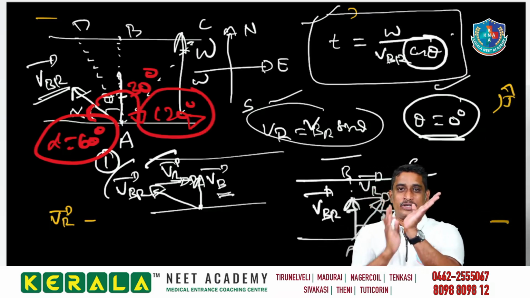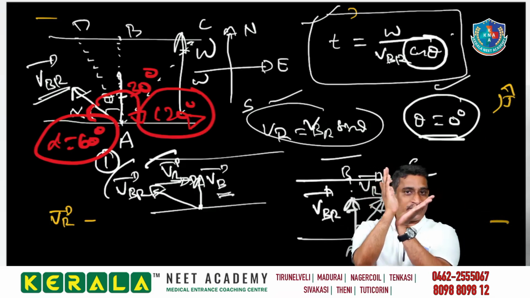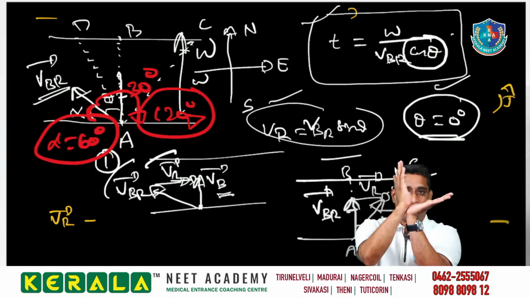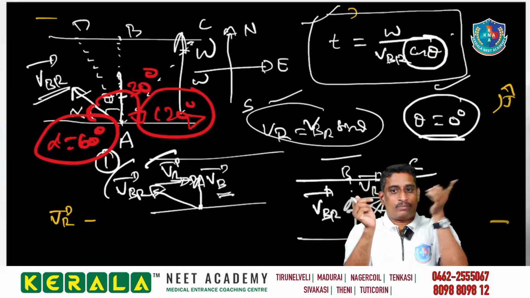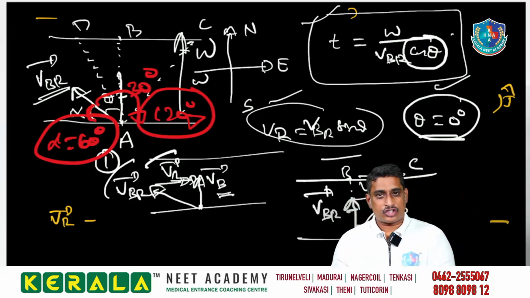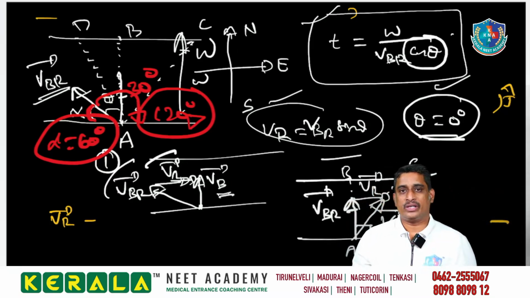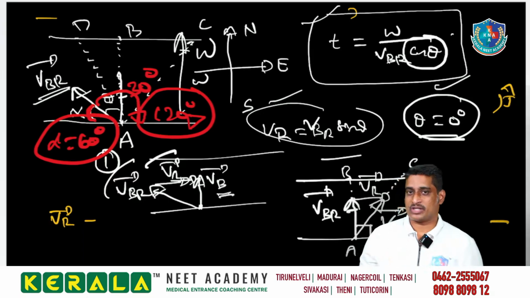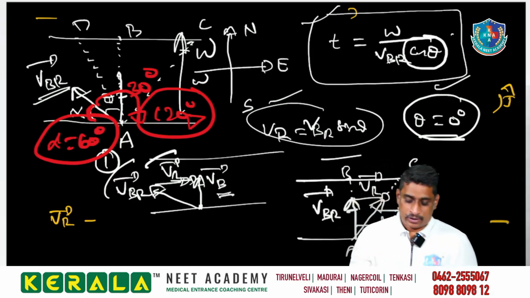Actually, we defined theta with the vertical. With upstream it is making 60 degrees, and with downstream it is making an angle of 120 degrees. In different ways they may ask us to express this part.